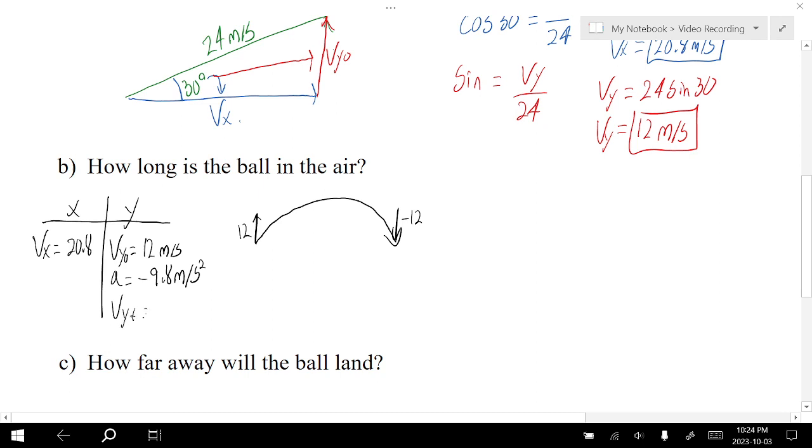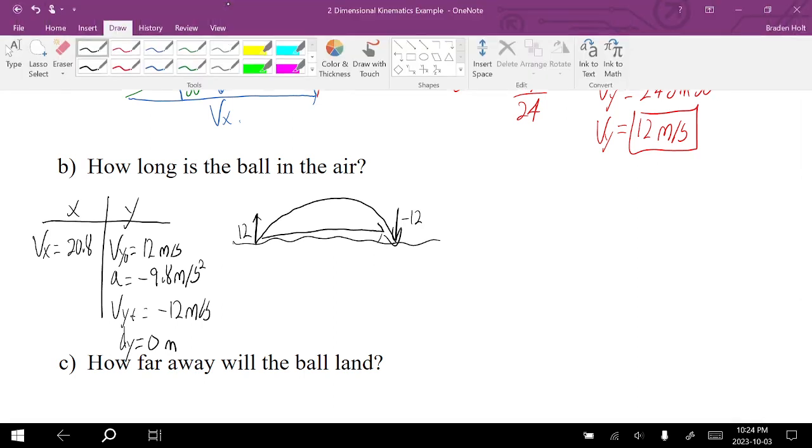Vy final will be negative 12. We can also say that dy is 0 meters, because when we go up and then down, we're coming back to the same height, which means that our y displacement is 0. We will have x displacement, which is this way, but we have no y displacement.